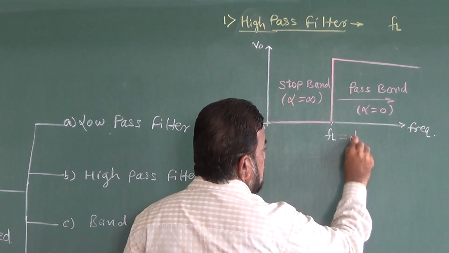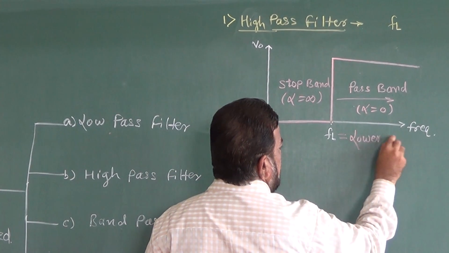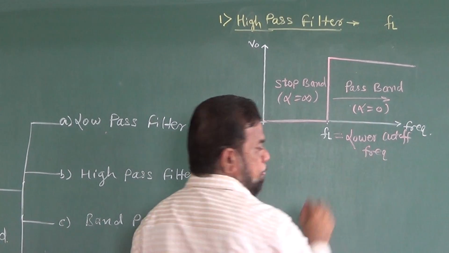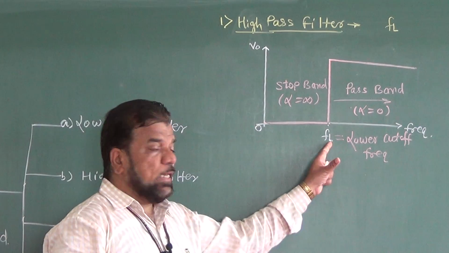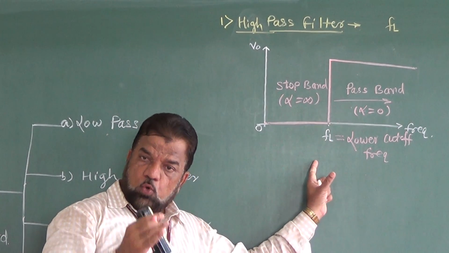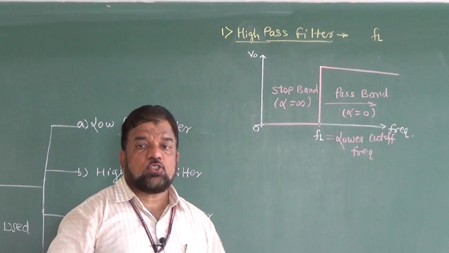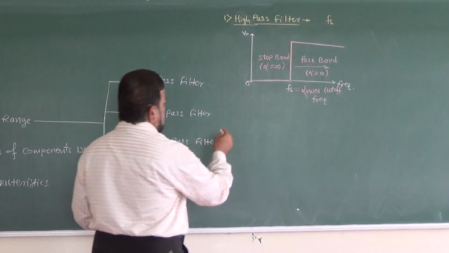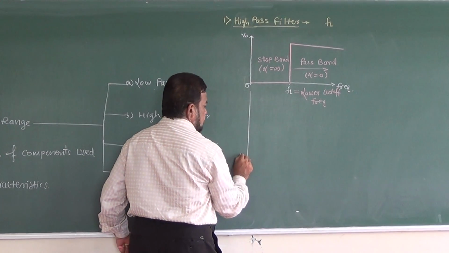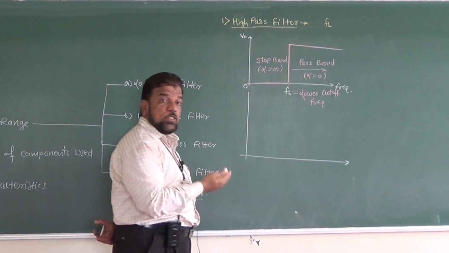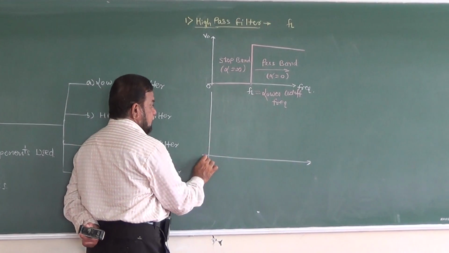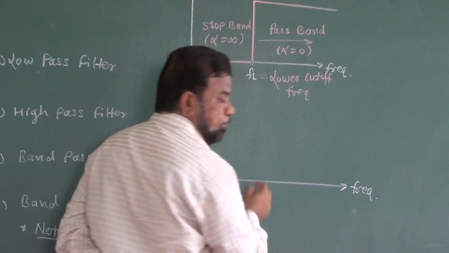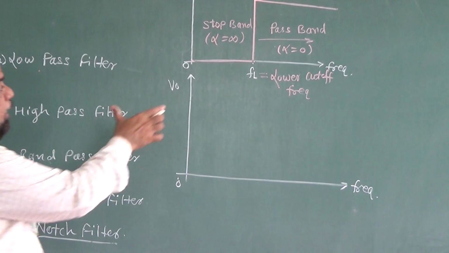This FL is the lower cutoff frequency of the high pass filter. See, the notation is L because it is the lowest possible frequency from which a transmission is there. Now if I just draw the practical response of the same filter, once again it is the graph of output voltage versus frequency. So initially you have the stop band.